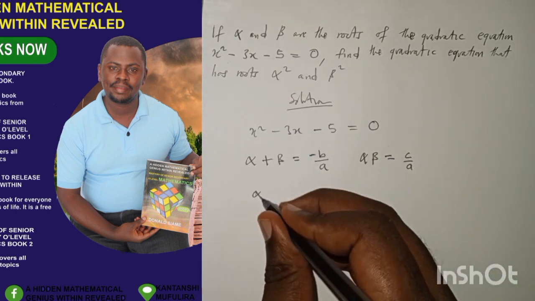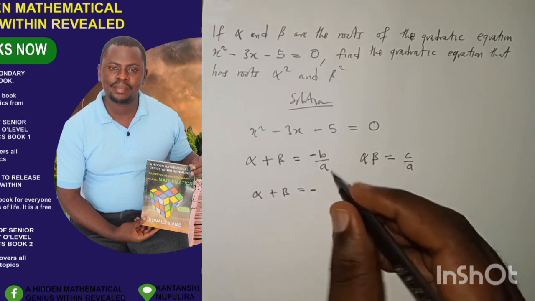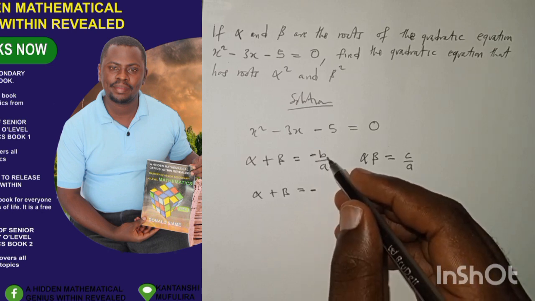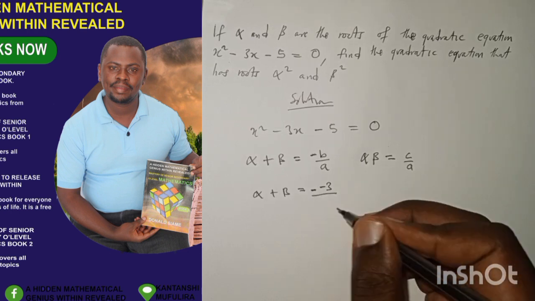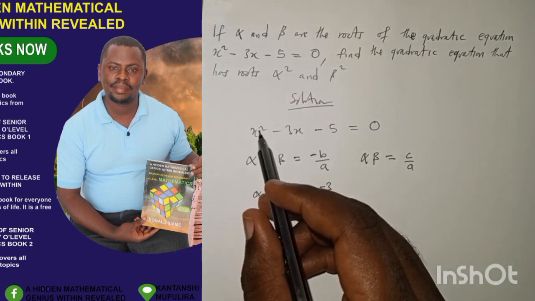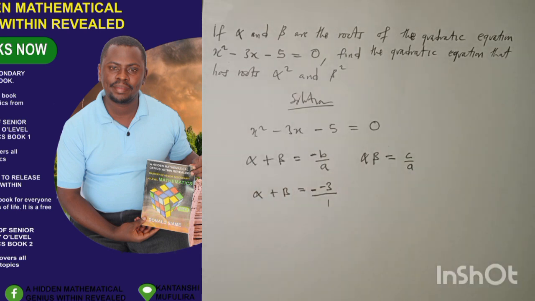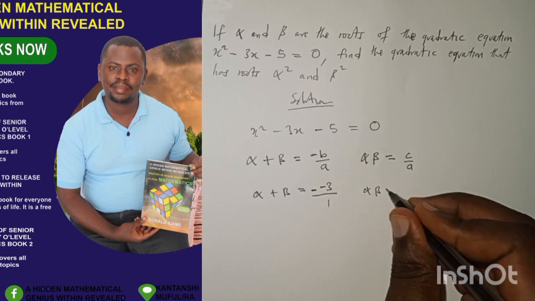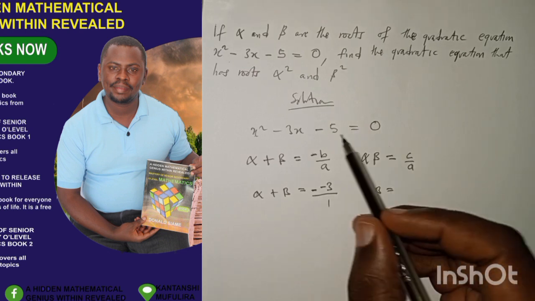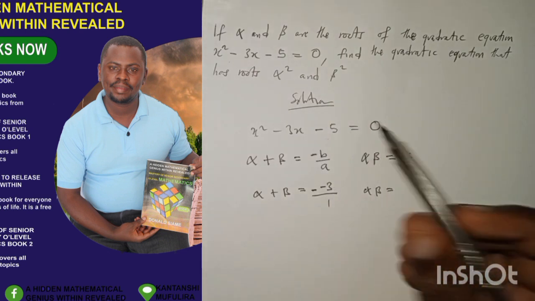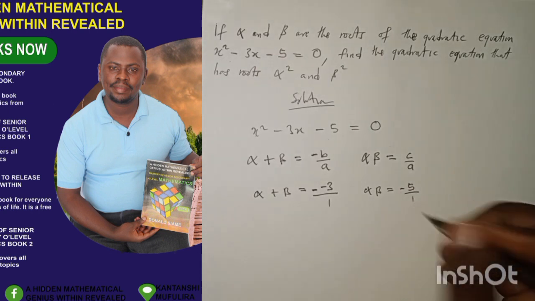So we have alpha plus beta is equal to minus b over a; b is minus 3, so minus minus 3 over a, where a is the coefficient of x squared, which here is 1. Then alpha times beta is equal to c over a, where c is the term independent of x, which here is minus 5, over 1.